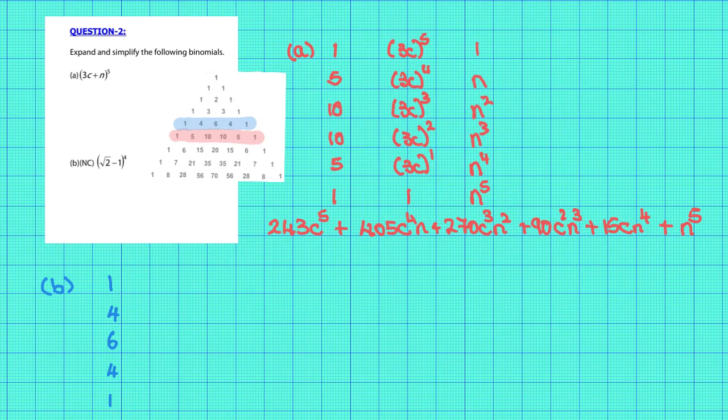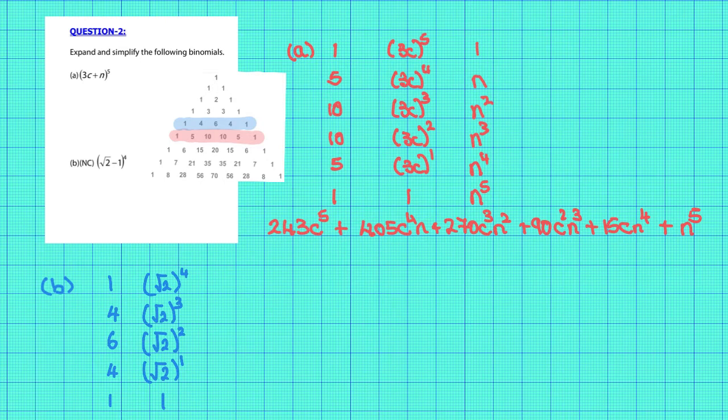Now write down the powers of the first term. So it's root 2 to the power of 4, root 2 to the power of 3, root 2 to the power of 2, root 2 to the power of 1, root 2 to the power of 0 is 1.